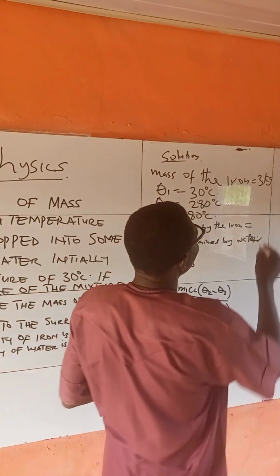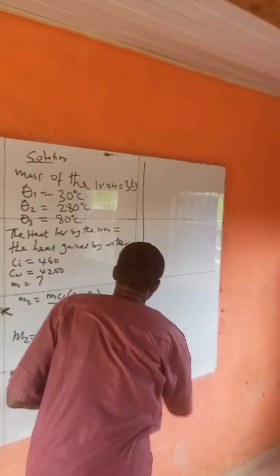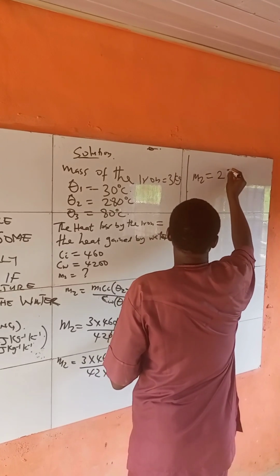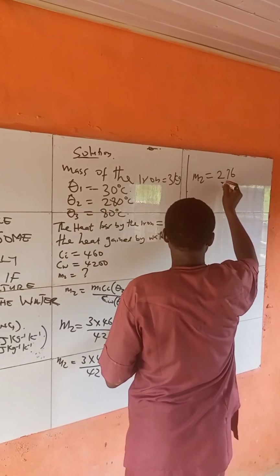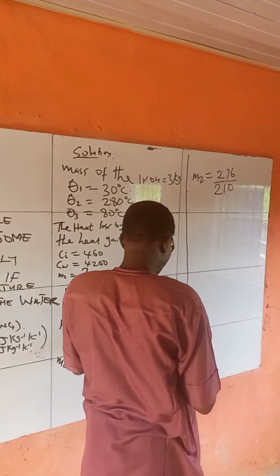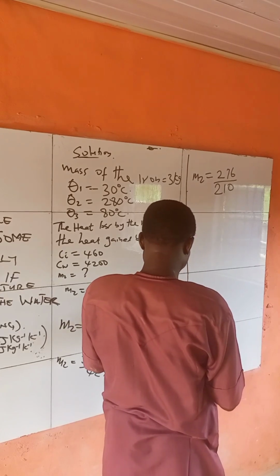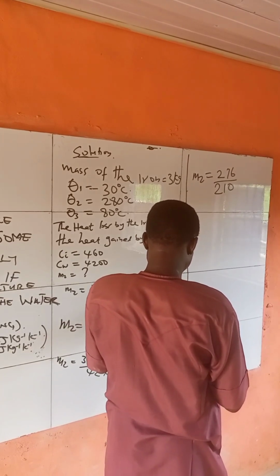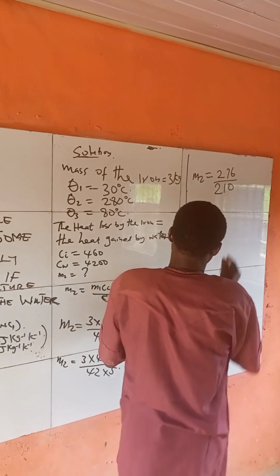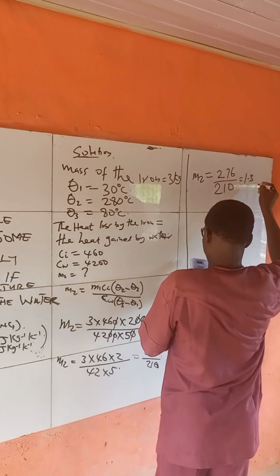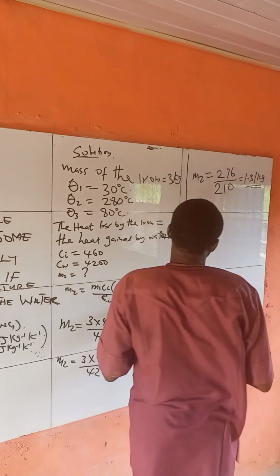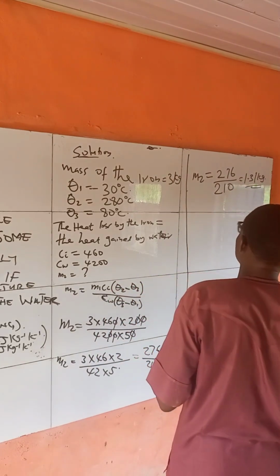So M2 equals 276 over 210. If you divide 276 by 210, that gives us 1.31 kg. So the answer is 1.31 kg.